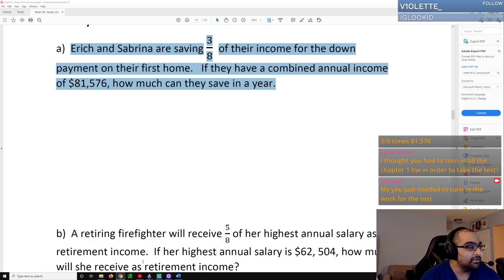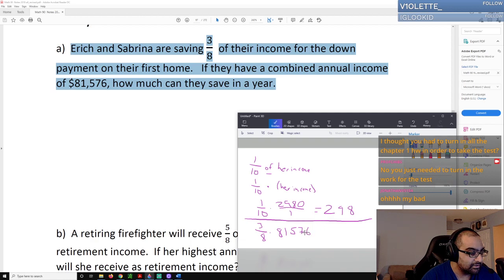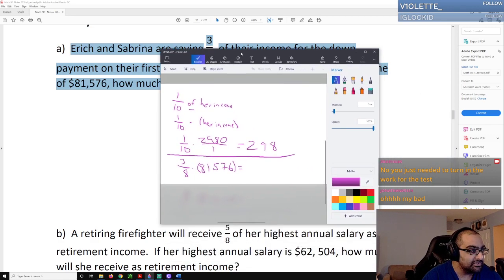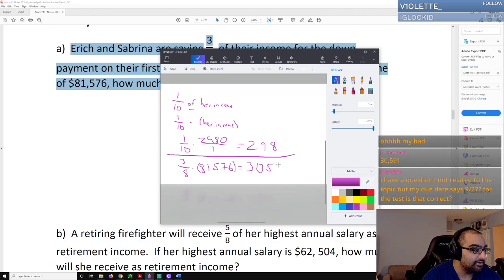So let's do this out here. 3/8 times 81,576. I'm not expecting you to know what this reduces to by hand, but you can use your calculator for this. Does anybody have an answer for me here? 30,591. Okay, good.